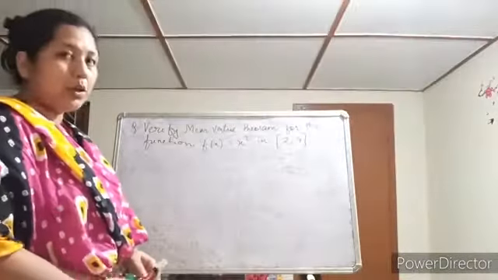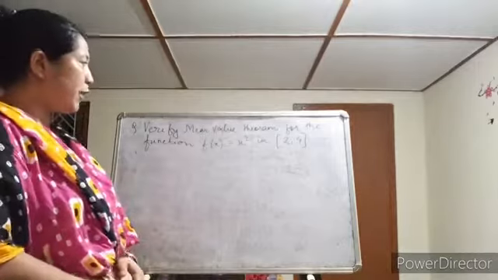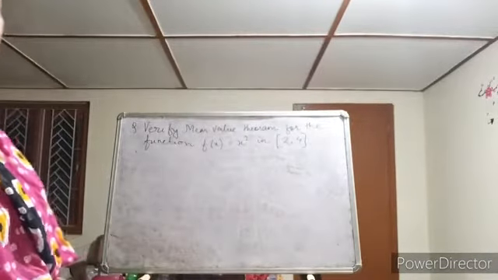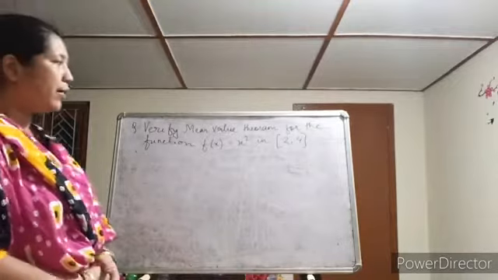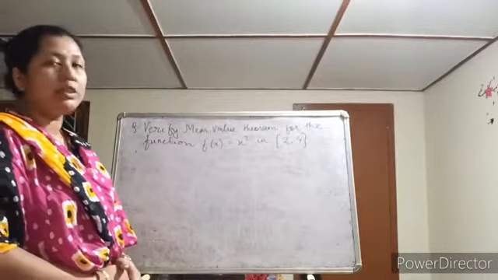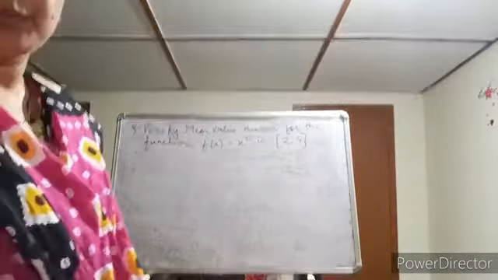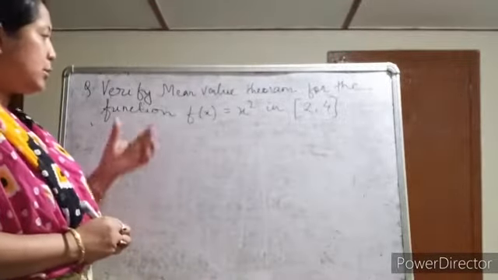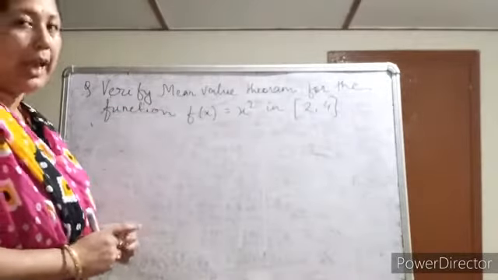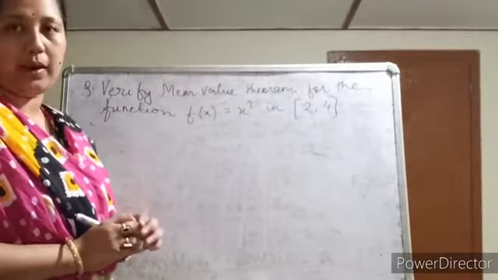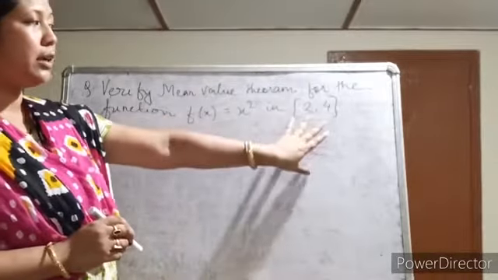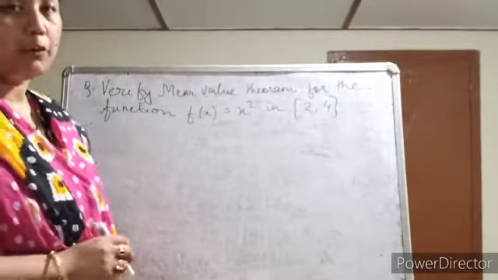Can you see this question? Verify the mean value theorem for the function f of x equal to x square in the closed interval [2, 4]. To understand the theorem, I have taken the function f of x equal to x square, which is continuous in the closed interval [2, 4].